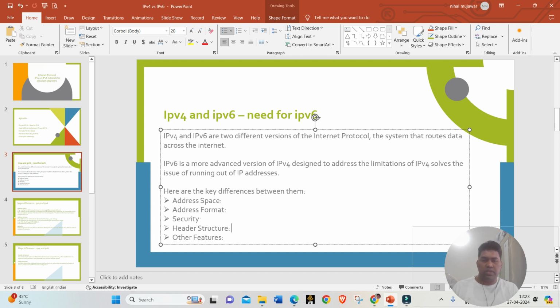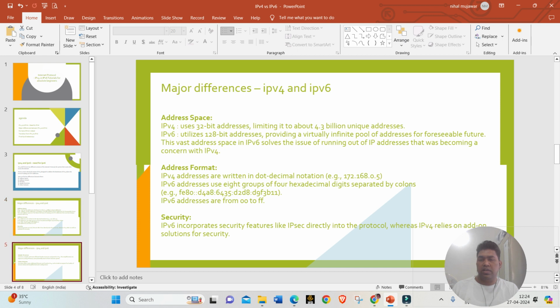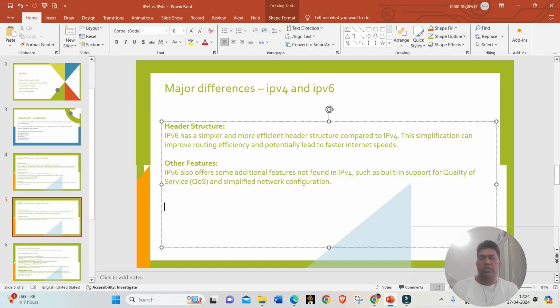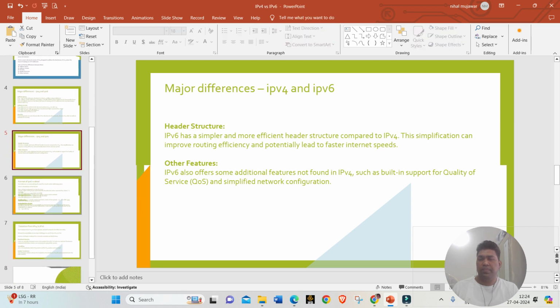The header structure is also different for both, and v6, with its simpler header structure, gets the upper hand in terms of smooth routing and efficiency. V6 also provides built-in support for quality of service and simplified network configuration, which are not there in v4.